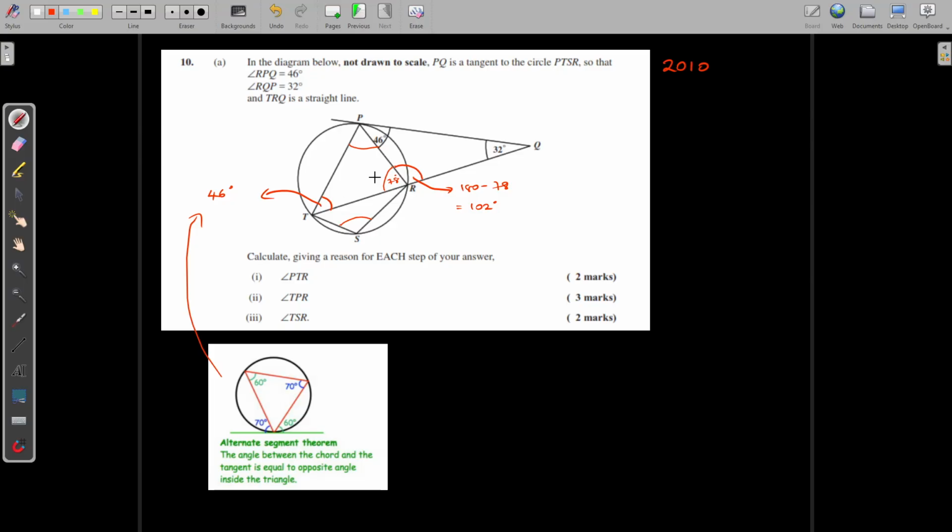So if this is 46, this is 32 up here, so we can find this angle by looking at the big triangle. So look, this forms a big triangle here, and we know that this is 32, this is 46. So over here we can eventually find this angle, and it would be what?